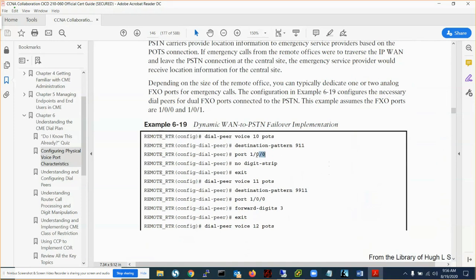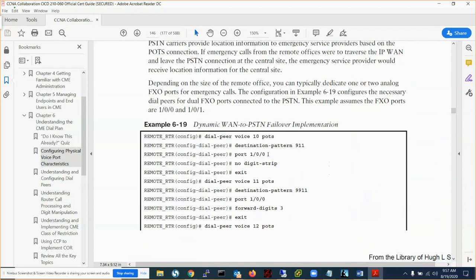It has to be FXO because a T1 will have a cooldown and so on. When you call businesses or people, it might go to the T1 and be routed through the PSTN at the head office.